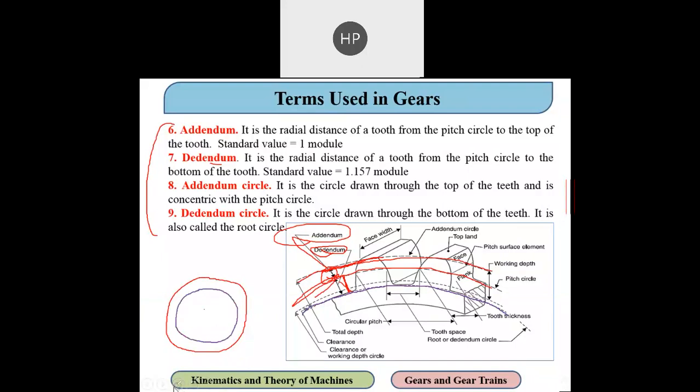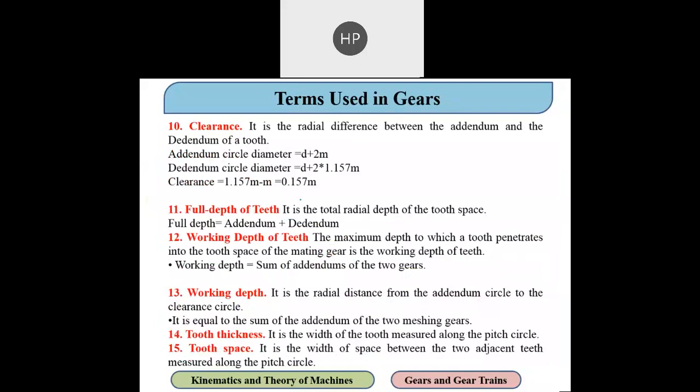The third circle we defined is the addendum circle. So we have defined three circles. The outermost is the addendum circle, the center one is the pitch circle, and the bottom is the dedendum circle.